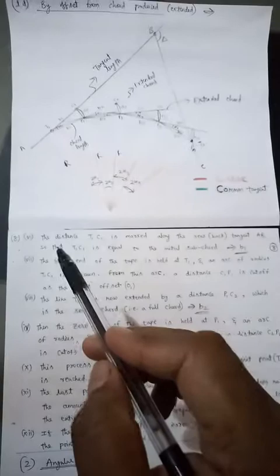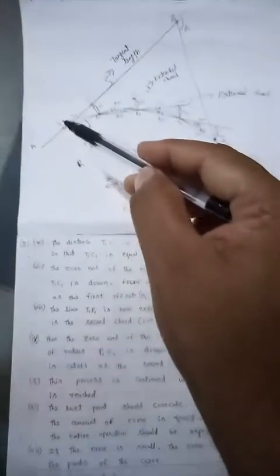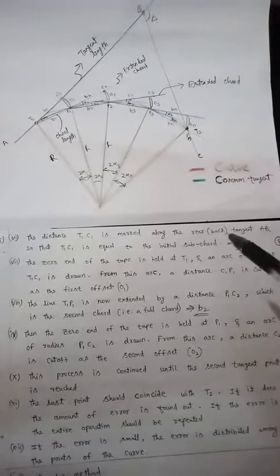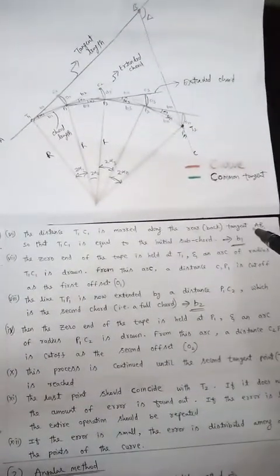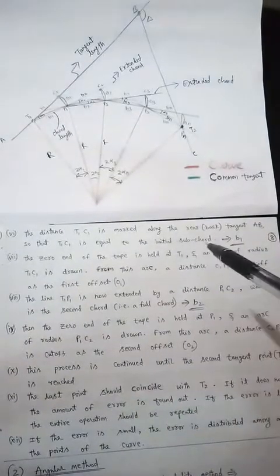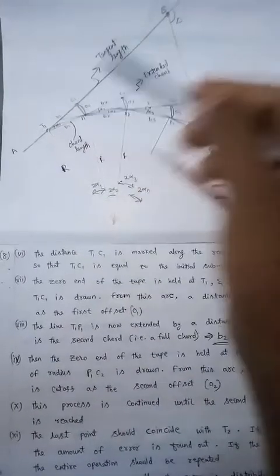Let me see the sixth point here: the distance T1C1 is marked along the back tangent, so that T1C1 is equal to the initial subchord, that is B1. So the T1C1 length is known as B1 here.